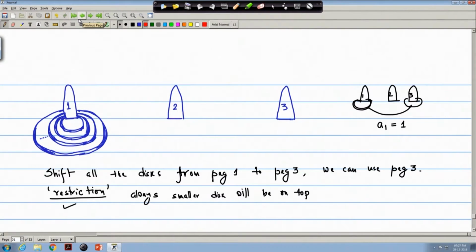To get a solution for this type of problem, the recursive approach is very easy to understand and to represent. What will we be doing?